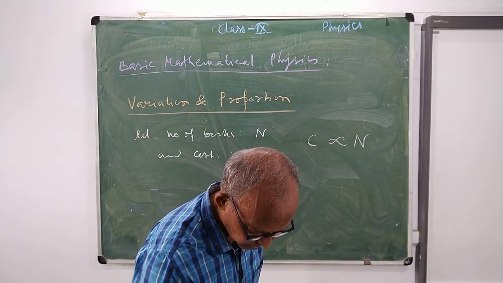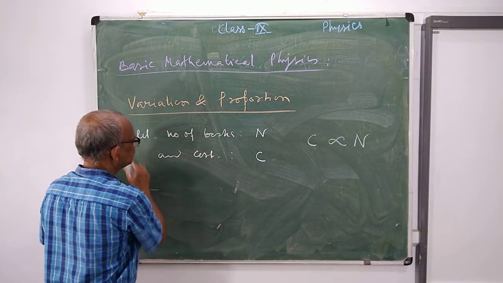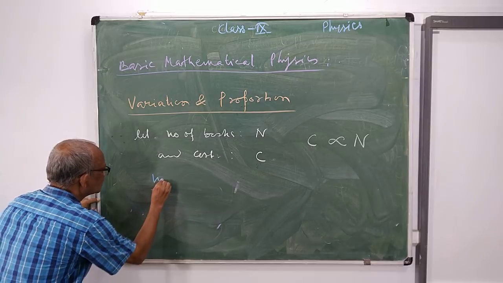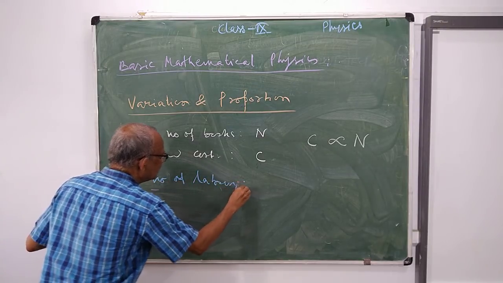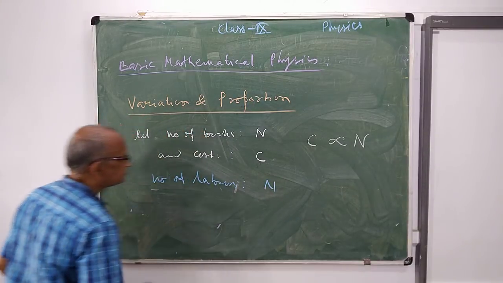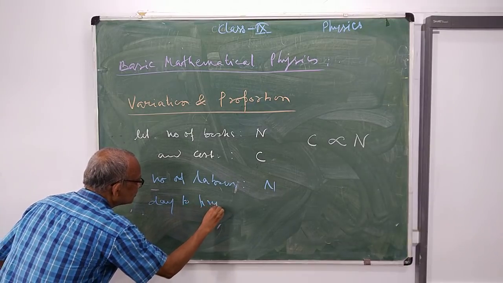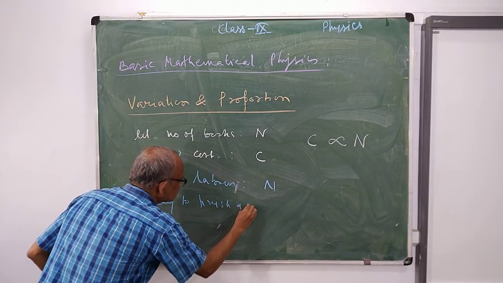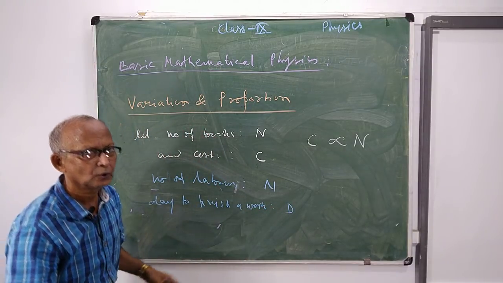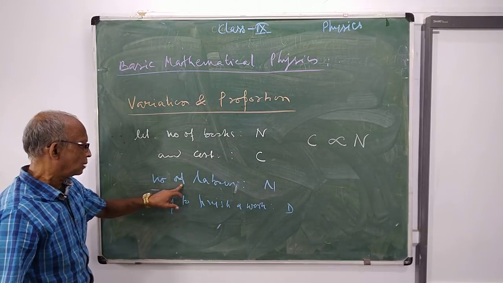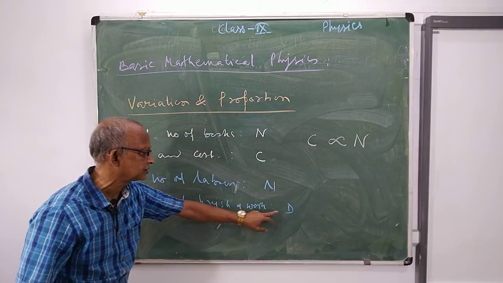So in this case, how do you explain that? Let us check this. Number of laborers as n and days to finish a work as t. Number of laborers as n and days to finish a specific work is t.